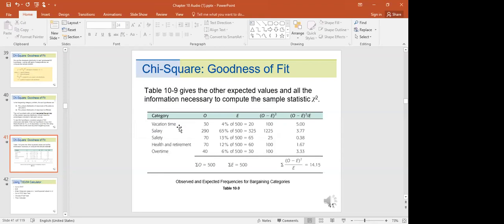The degree of freedom here is 4, and we calculate. There's nothing much to do there. You have the chi-square test value. Is that 14.15? Yes. So you can see it here on the PowerPoint.